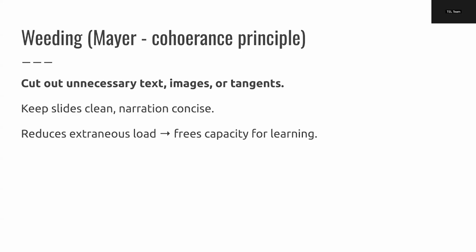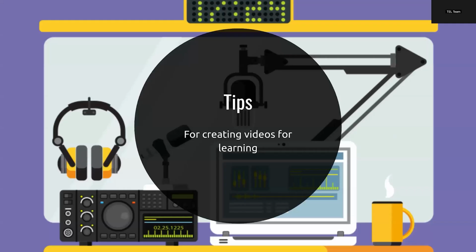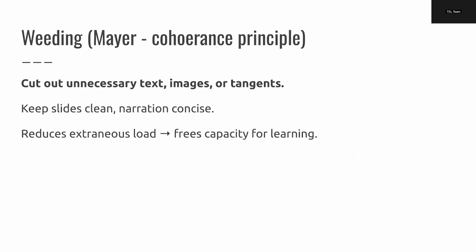But with the others that we talked about in the matrix, going back to here, if you're developing stuff in ScreenPal, or even if you're developing that layer in H5P, it's important to remove anything unnecessary, because one of the tendencies in using these tools can be to want to use all the features of them, to use all the callouts, to use the various parameters that you have available to you in H5P, but you don't need to use them all.